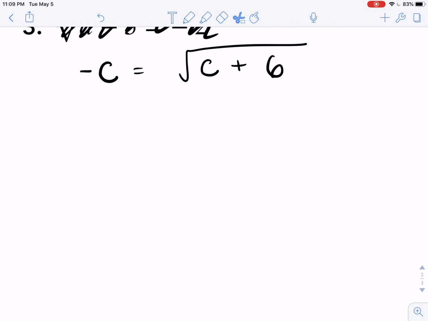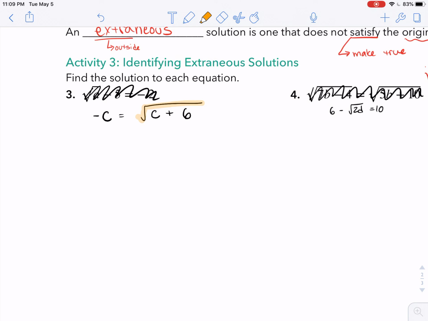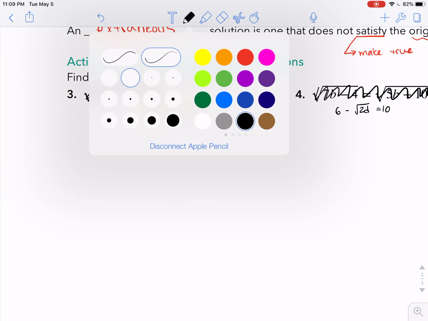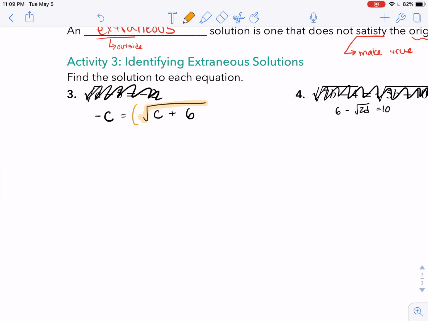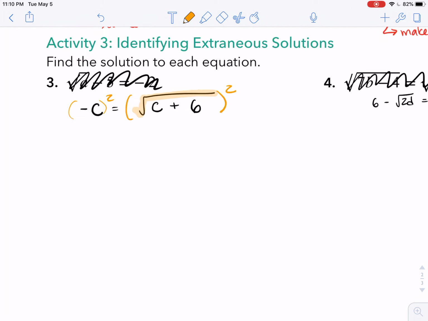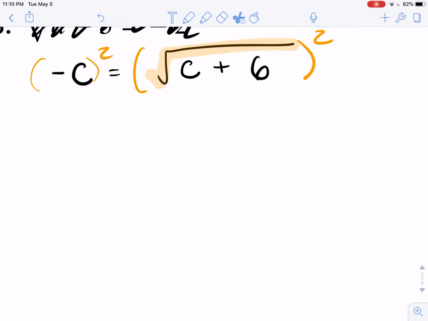So here, we've got a radical on this side, and I want to get rid of that radical. How can I undo a square root? You're right, I want to undo that square root by squaring. So I'm going to square both sides. Now negative c times negative c gives us a positive c squared.